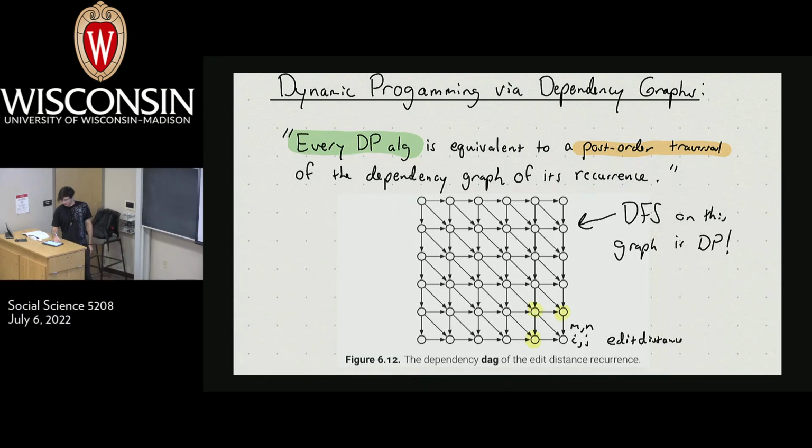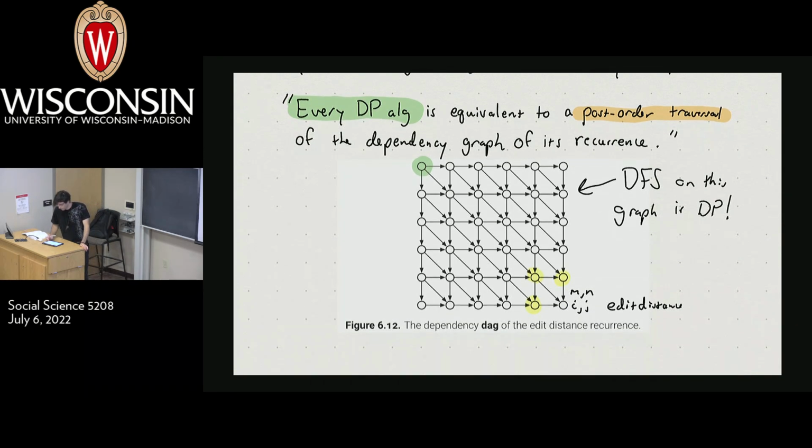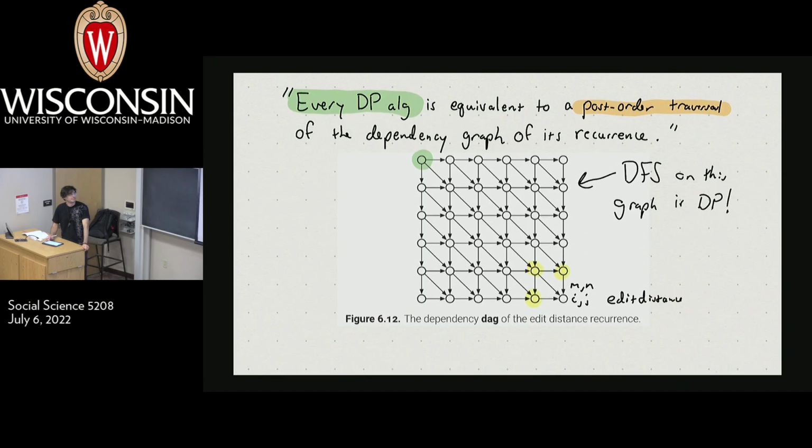And the base case is up here. So that's the base case. So you're doing a DFS. You're starting with that top row. The top row is where you're actually computing stuff at the beginning. And then you're propagating the answers up throughout this graph in a depth first search order. It's pretty crazy.